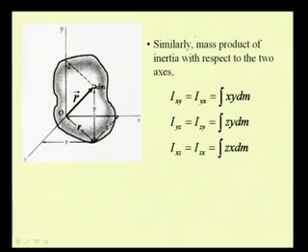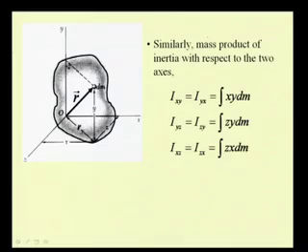Similarly, we can define the product of inertia. We have seen that when we computed the product of inertia of an area, we take the distance of the elemental area from the corresponding two axes. That is, if we are interested in the product with respect to x and y, we take the distances from these two axes and compute the product.